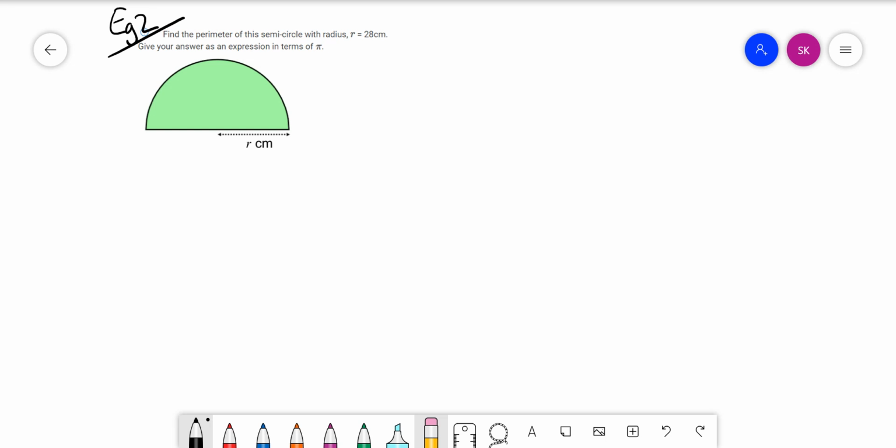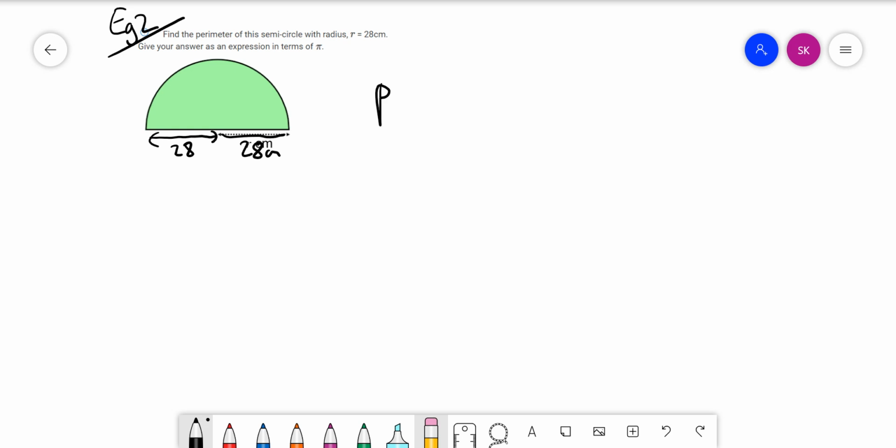All right, so remember you've got to be honest with your purple pen here. Find the perimeter of the semicircle with radius r equal to 28 centimeters. So we know the length across here, just here, is 28. Which means again across here is going to be another 28.